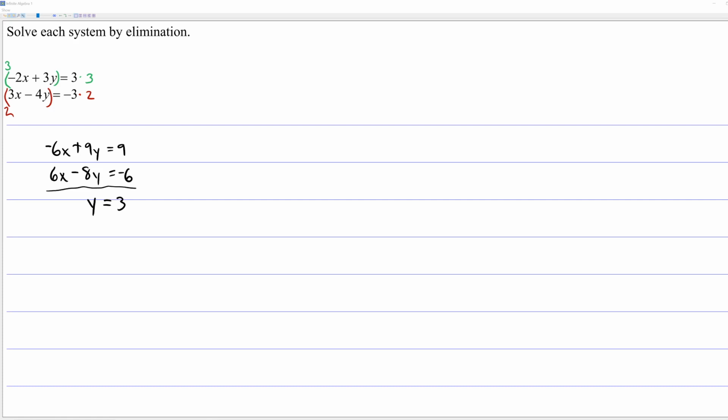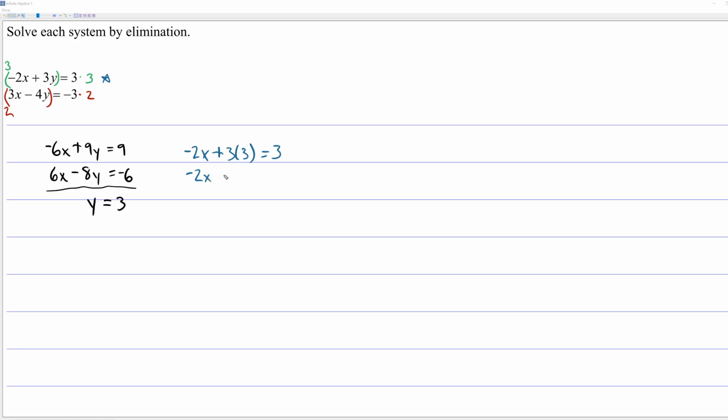Once you get y, substitute this wherever you like in order to solve for x. Again, it's about the same level of difficulty. We'll use the top equation. So we have negative 2x plus 3y, but we know y is equal to 3. So negative 2x plus 3y equals 3.